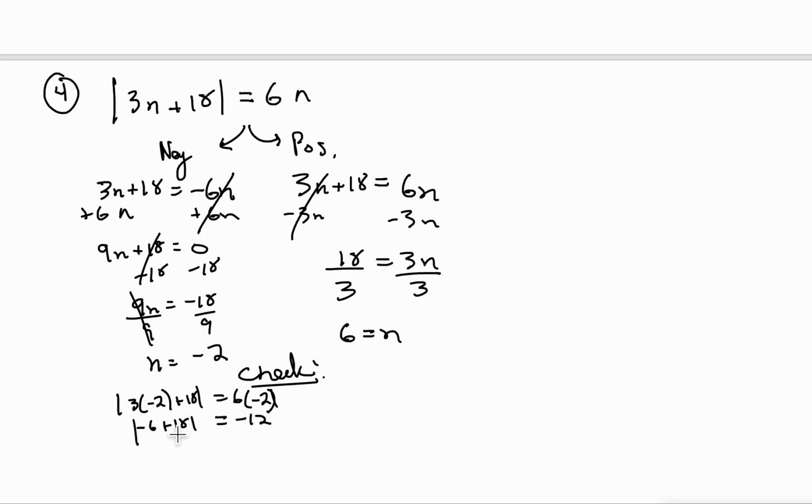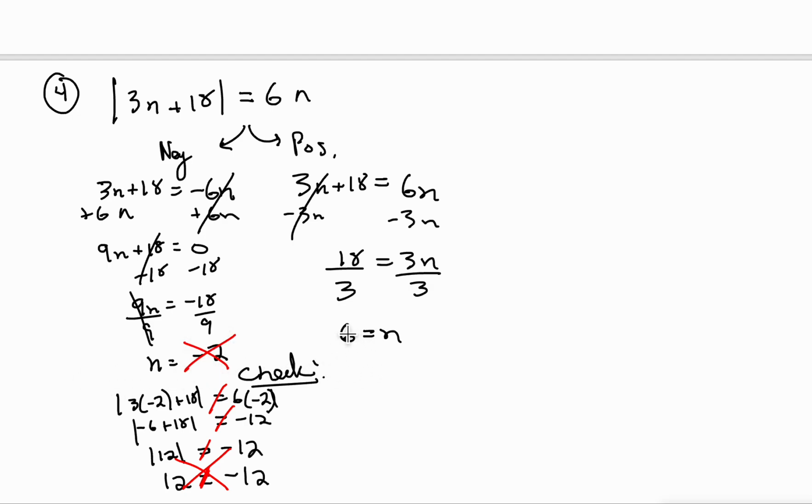Negative 6 plus 18 is the absolute value of 12, which will equal negative 12. Wait a minute. The absolute value of 12 is 12, and there is no absolute value over here, so it's negative 12. That does not work. Let's put a slash through all those because that's not true. So negative 2 is not a solution.